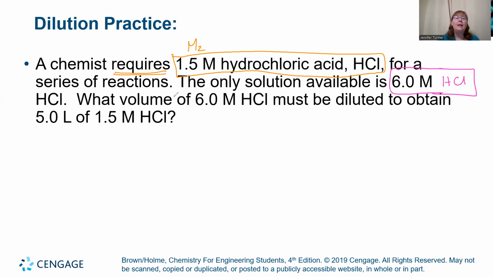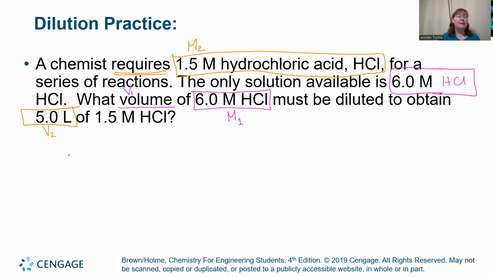It asks what volume of 6 molar hydrochloric acid, so that is our first molarity, and we're looking for V1. And we need 5 liters of our 1.5 molar, so that's V2.